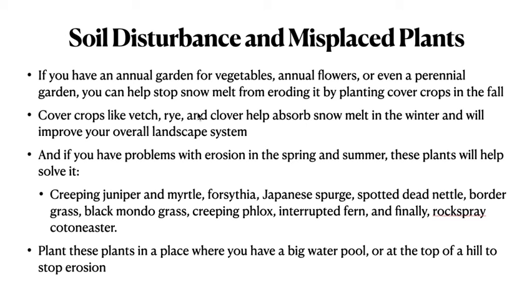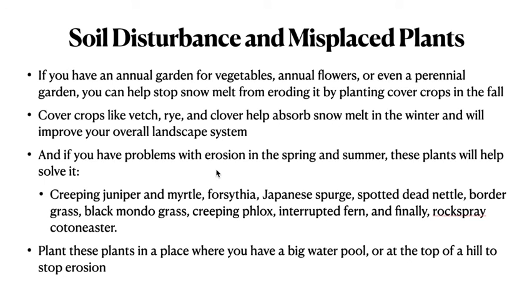So most people use cover crops in an agriculture system, but I was thinking we could introduce it into a landscape system by planting some similar agriculture plants, which would be vetch, rye, and clover, to help absorb the snow melt in the winter and improve your overall landscape system.